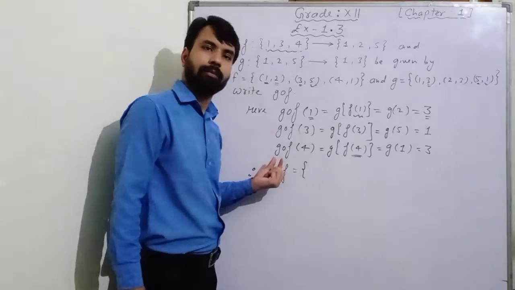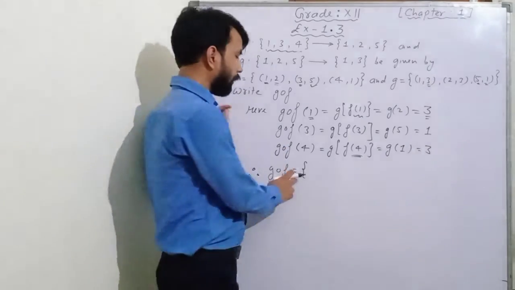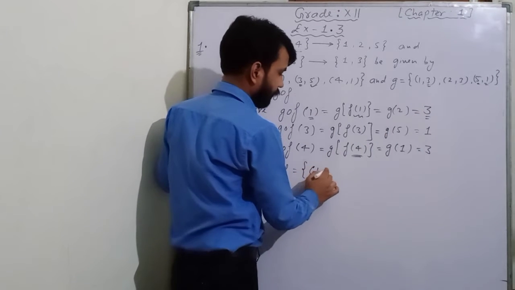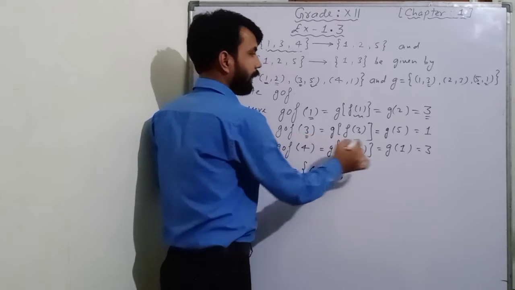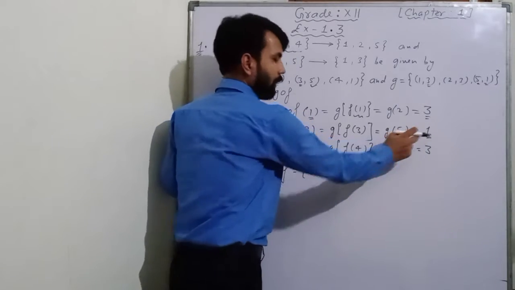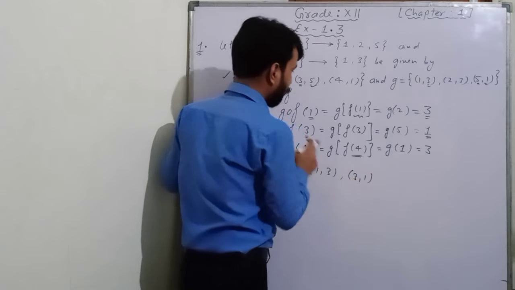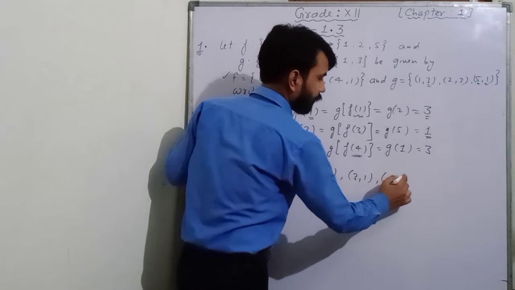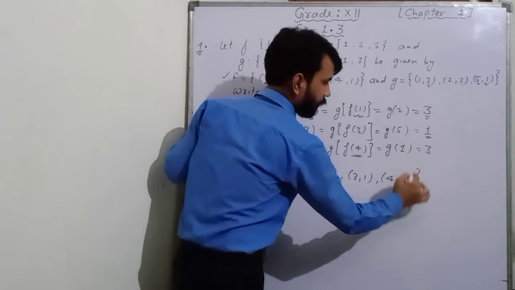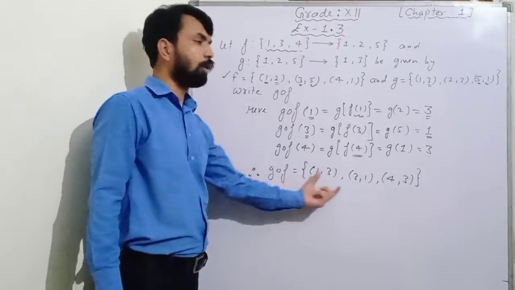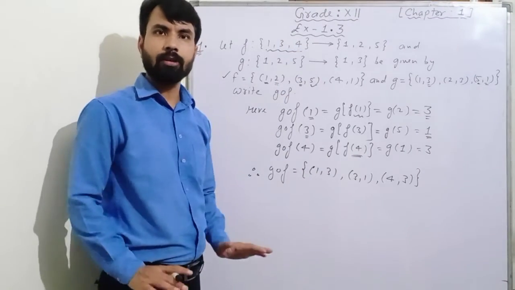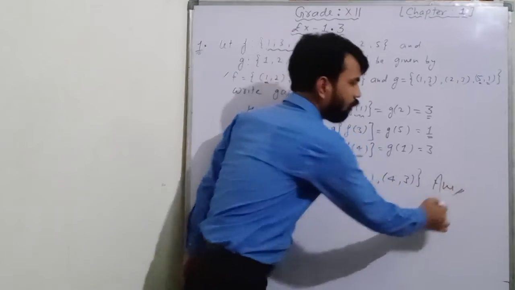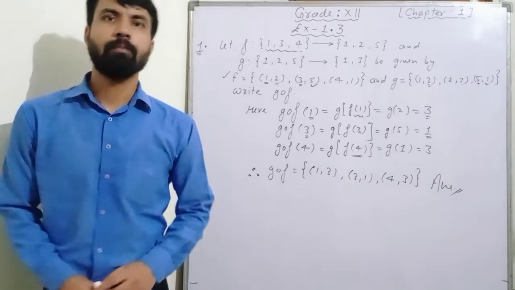So GOF is the set of ordered pairs (1, 3), (3, 1) and (4, 3). Is it clear? So this is GOF for the given functions, and this is our answer. Now pause the video and note it down.